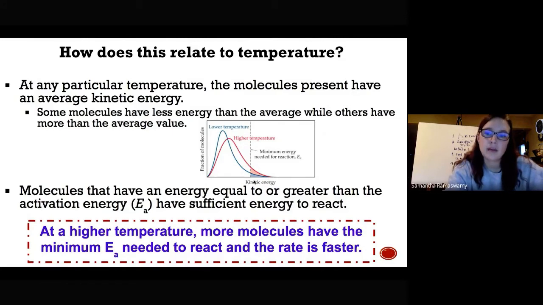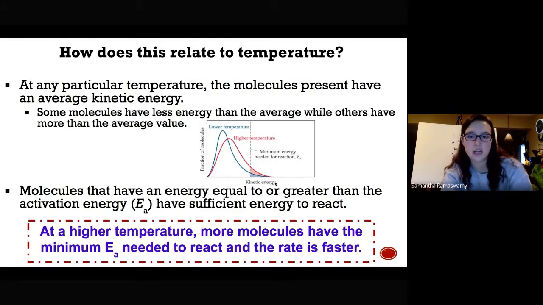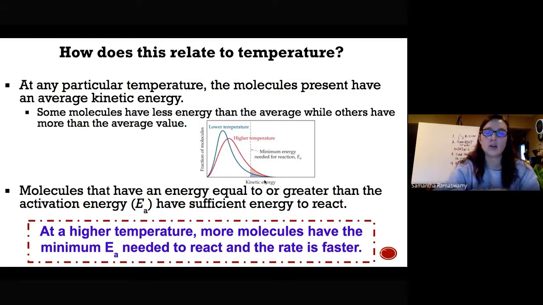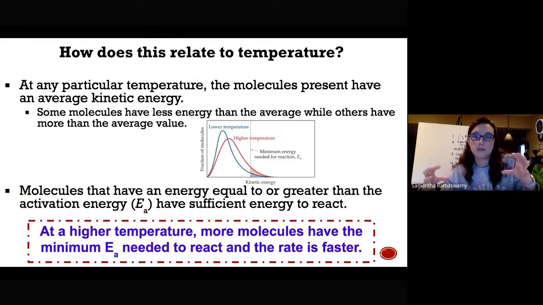So this minimum energy needed for a reaction, that's the activation energy. So molecules that have energy that's equal to or greater than the activation energy are able to react. They can overcome this energy barrier and form products. But the activation energy, that's the minimum energy that reactants need in order to collide, react, and form products.